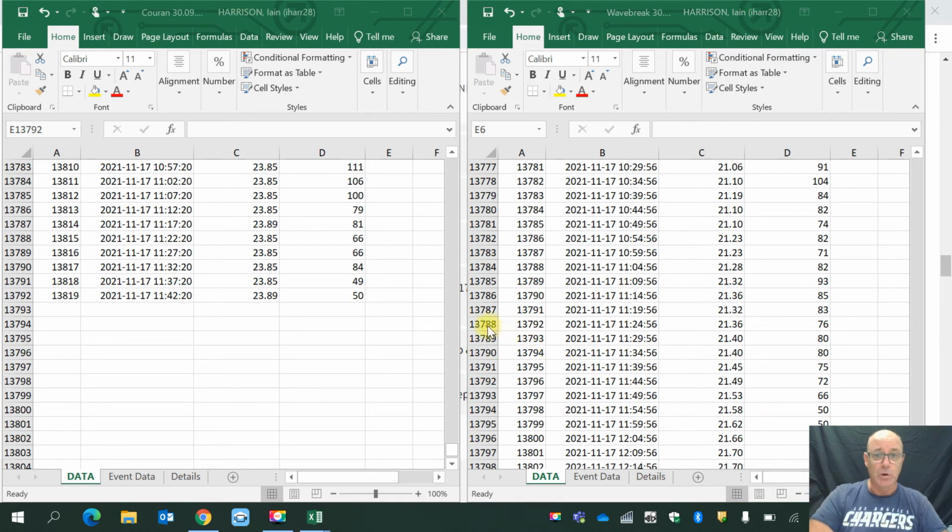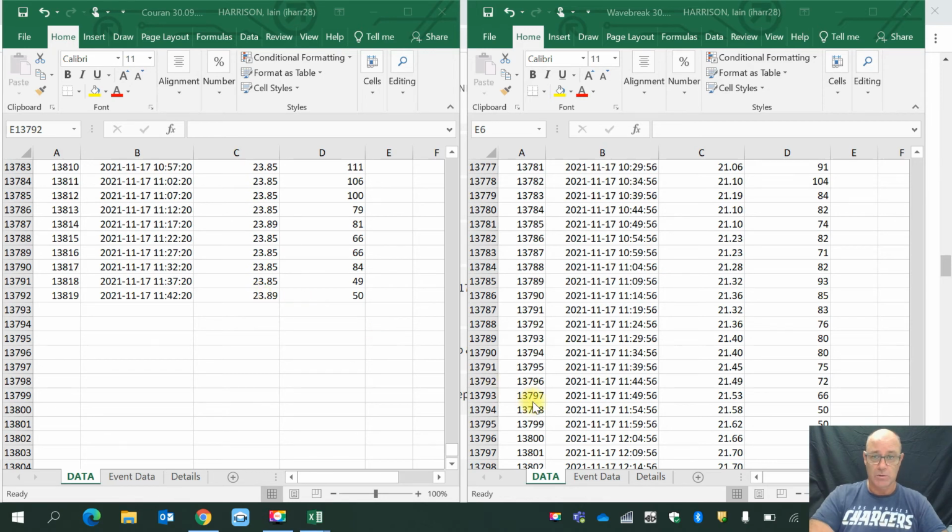Now, if we look at the coordinate 13792 on our Wavebreak Island data, you can see that it's the 17th of November 2021, and the time frame we've got here is 11:44.56. So that is as close as we're going to get to our data here at Kerang Cove.